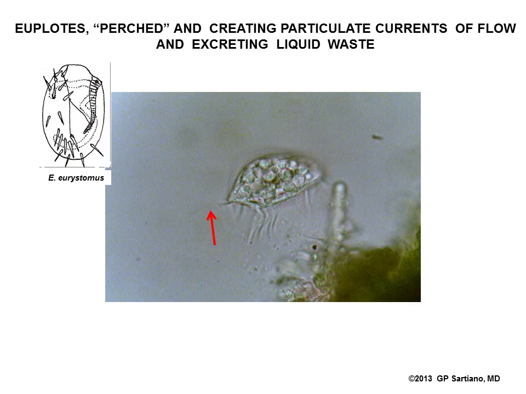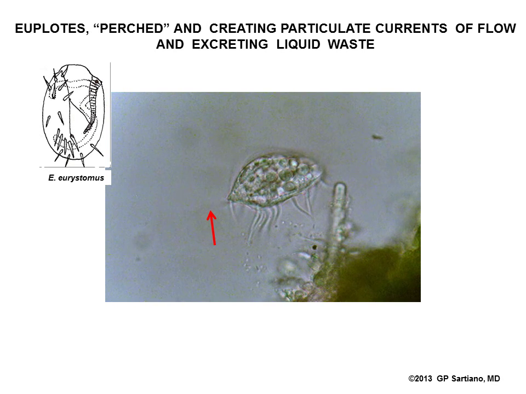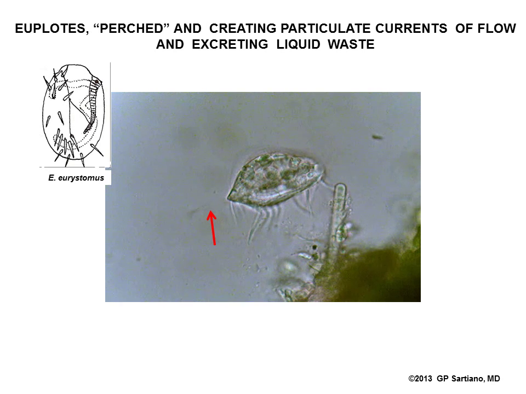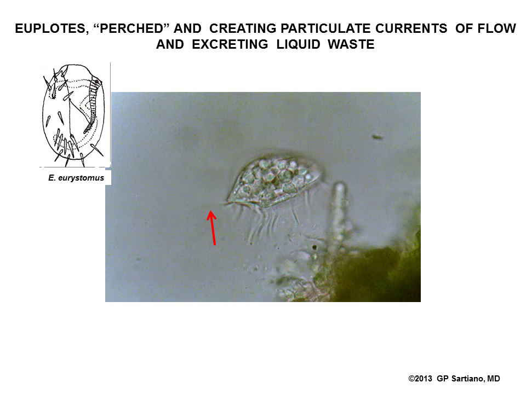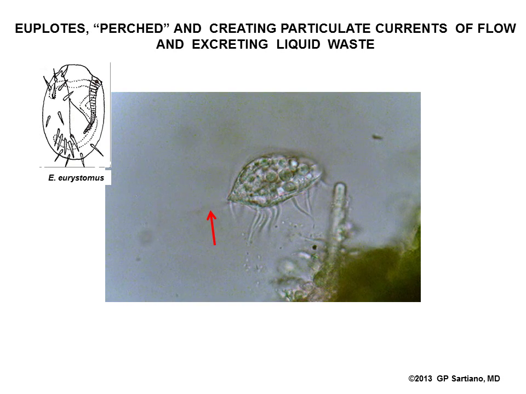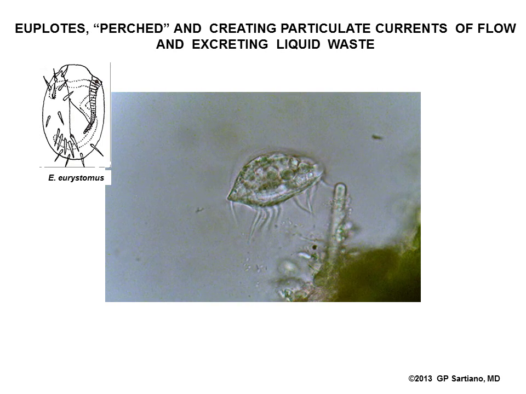The arrow draws your attention to the flow of particles in a stream which probably results from the activity of the AZM and associated membranes. The cytostome is selective and does not necessarily accept all particles which are presented.